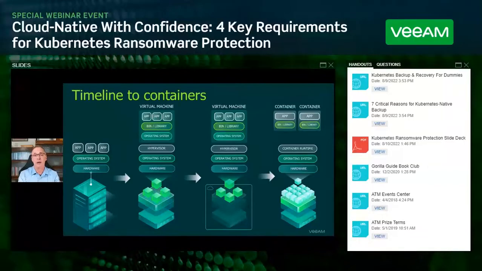I could drive a lot more utilization of those physical hardware resources, because if they weren't being fully utilized, I could spin up another virtual machine on them.